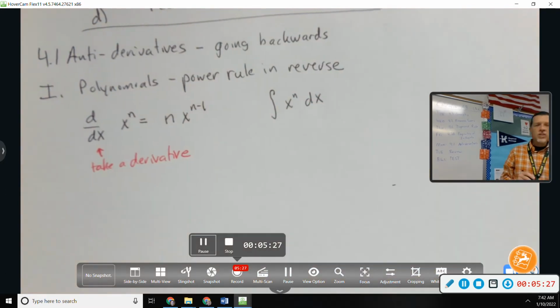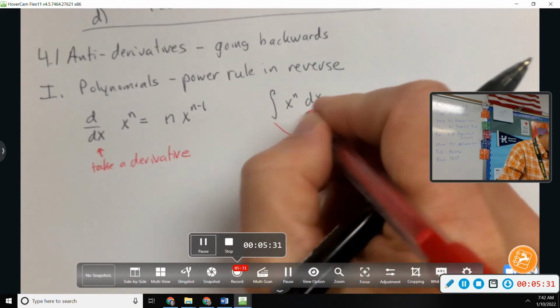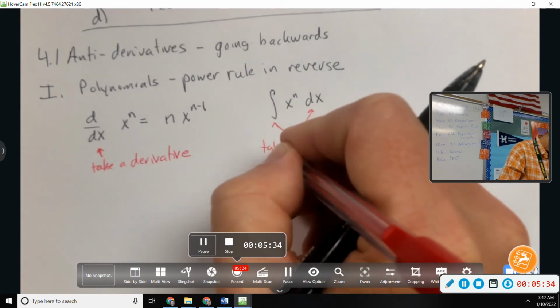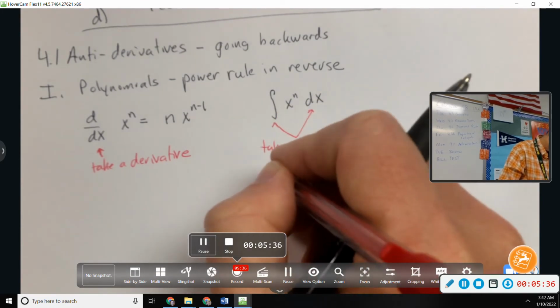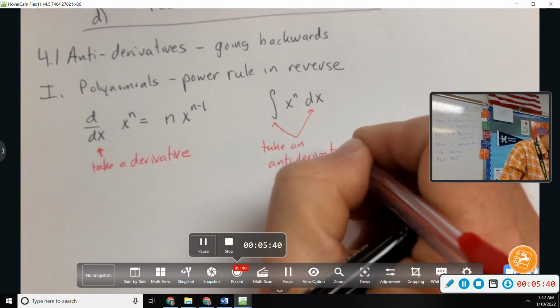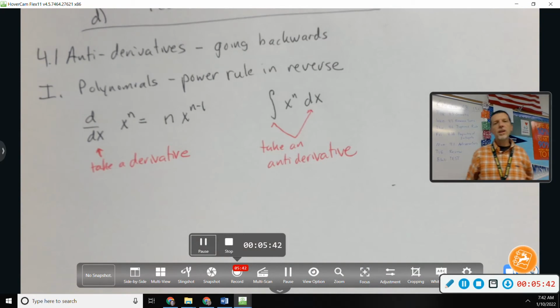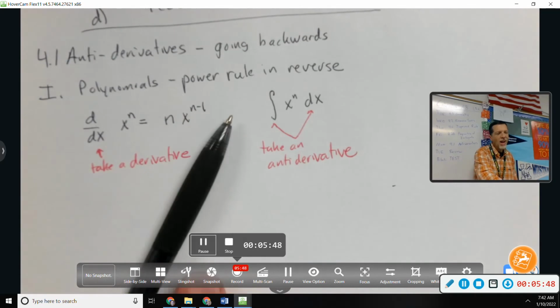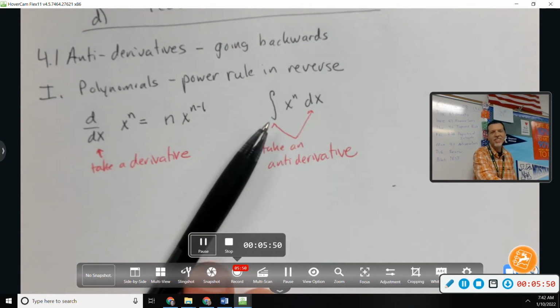The integral, or the antiderivative, take an antiderivative. Let's pause here for a second, because up till now that symbol really meant something else.